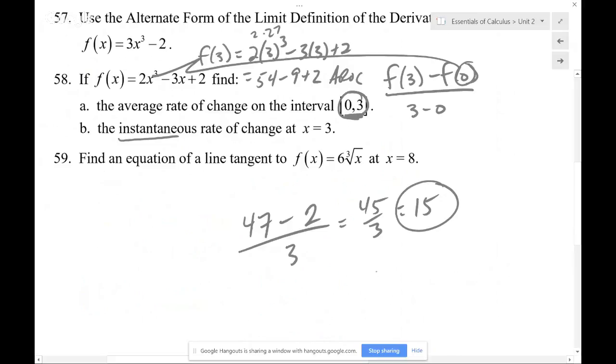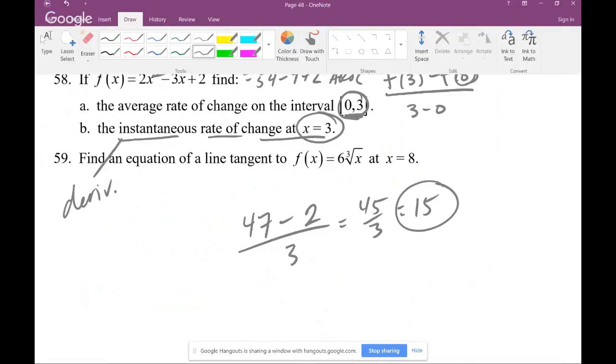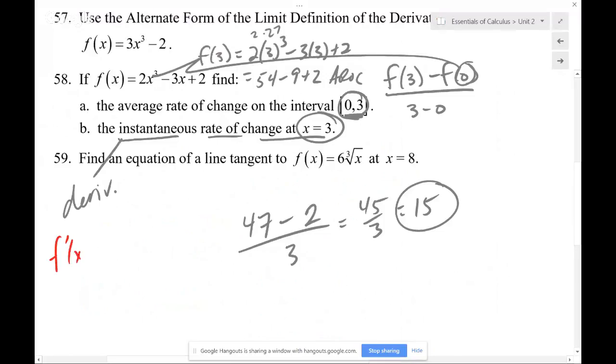The instantaneous rate of change at x equals 3 is the derivative. Okay, so I'm going to find the derivative. F prime of x is 6x squared using the power rule minus 3. Then I'm just simply going to plug in 3.